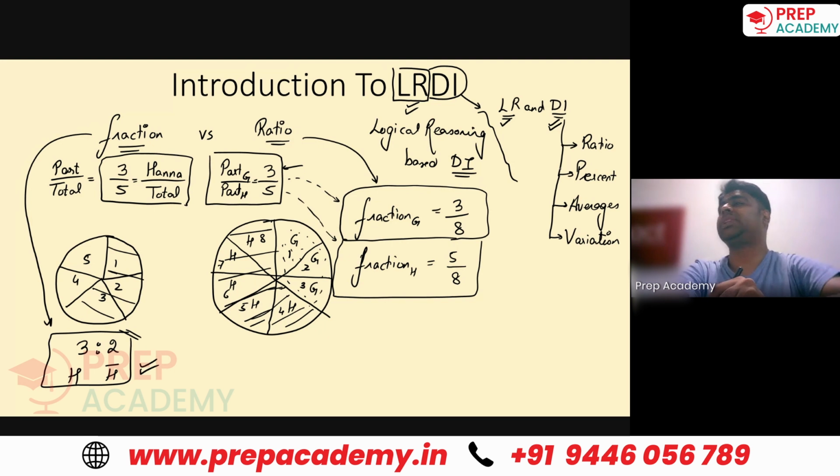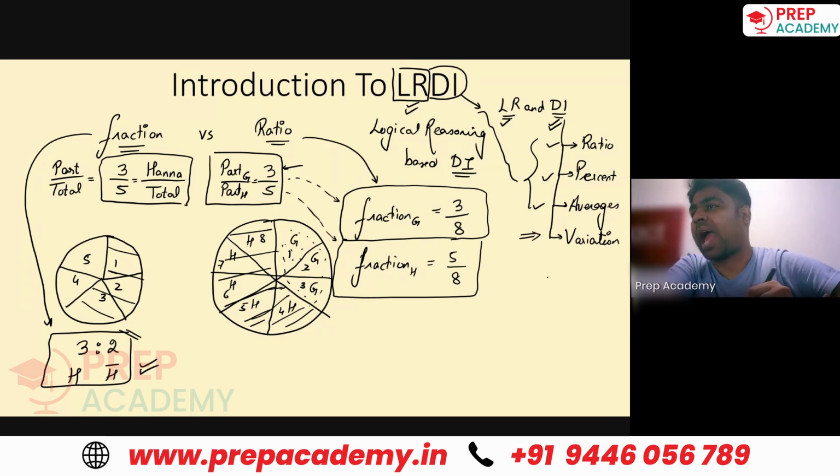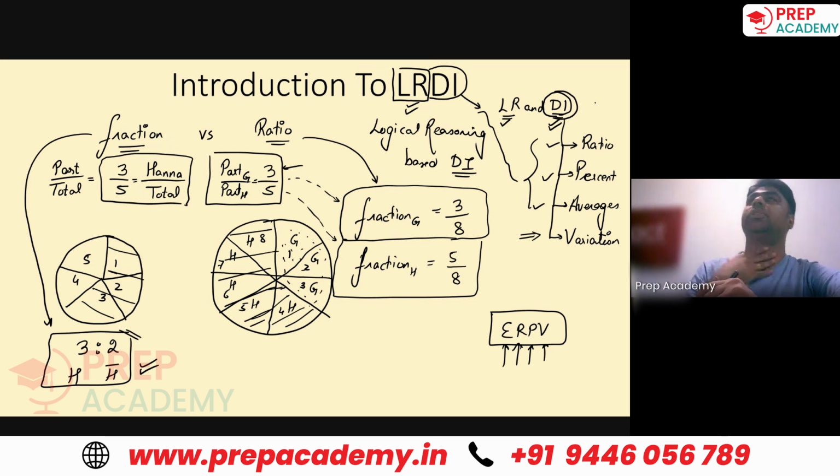Mainly these three chapters, but somehow we also talk about this fourth chapter, which is variation. As soon as we taught you ERPV, which is equation, ratio, proportion, variation, we were ready to start teaching you data interpretation also. That used to be the scenario earlier on.